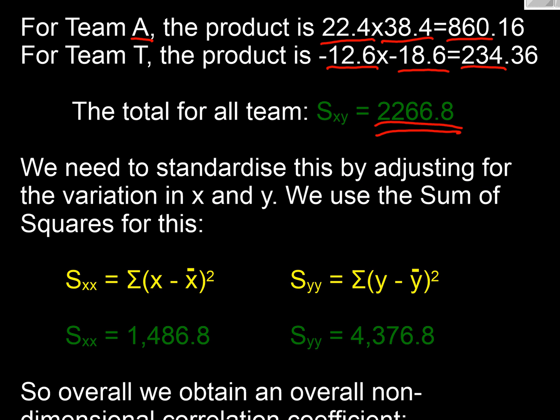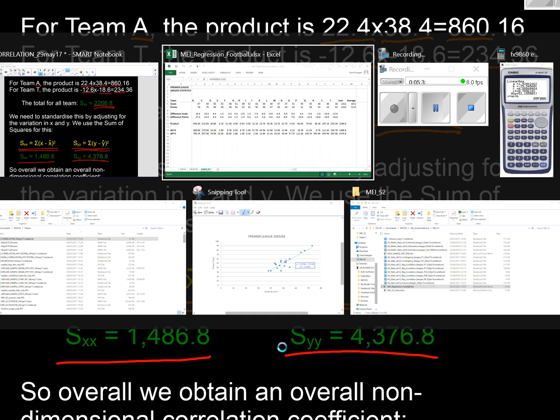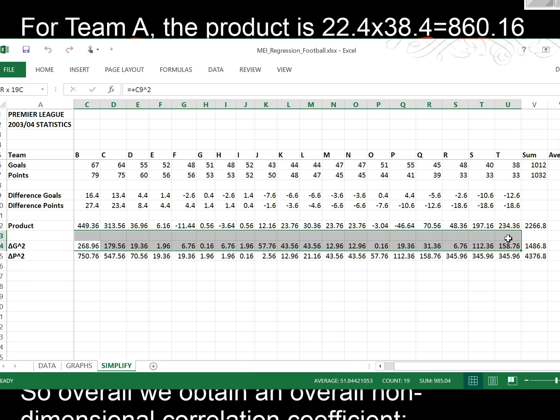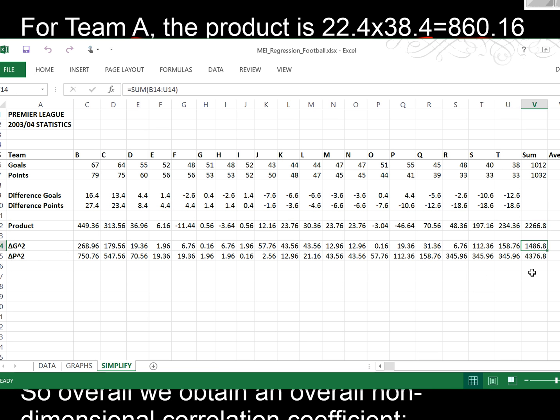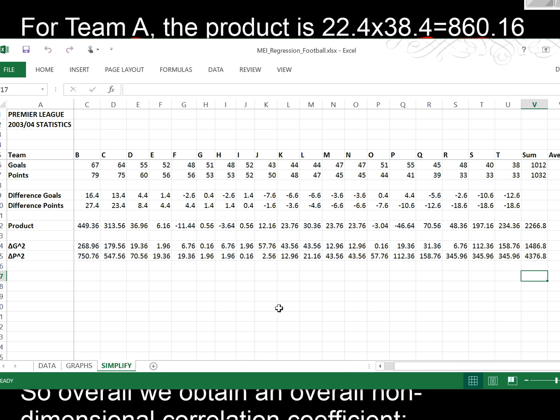And to do this, we're going to use our sum of squares. So here's our sum of squares for the x and our sum of squares for the y. If we go in to calculate those, we'll get these two values. Here's our sum of squares of the x values. There we go in that row, summing up to 1400, and our sum of squares of the y in this row, summing up to 4300.